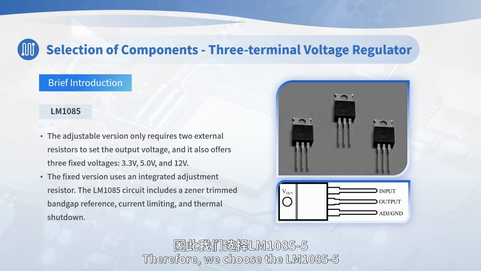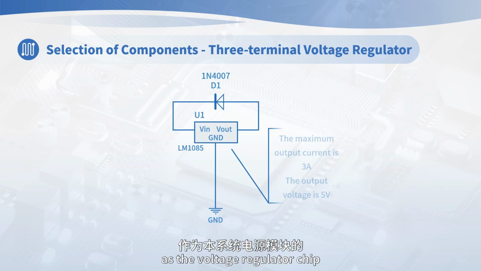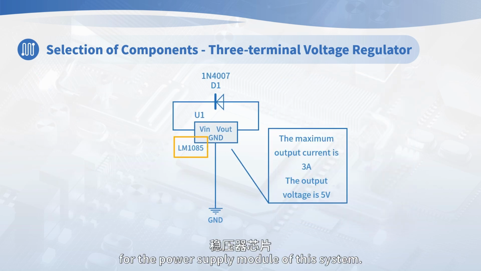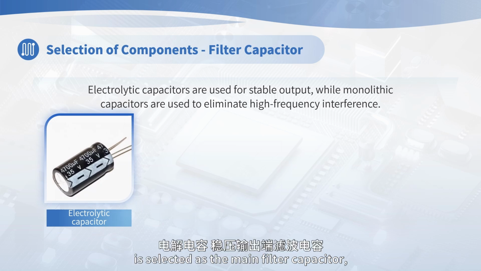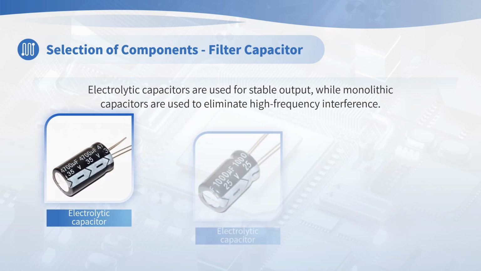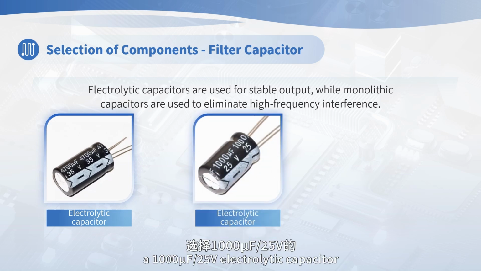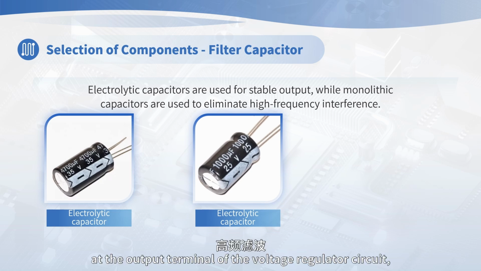Therefore, we choose the LM1085-5 as the voltage regulator chip for the power supply module of this system. A 4700 microfarads 35 volts electrolytic capacitor is selected as the main filter capacitor. A 1000 microfarads 25 volts electrolytic capacitor is selected as the filter capacitor at the output terminal of the voltage regulator circuit.